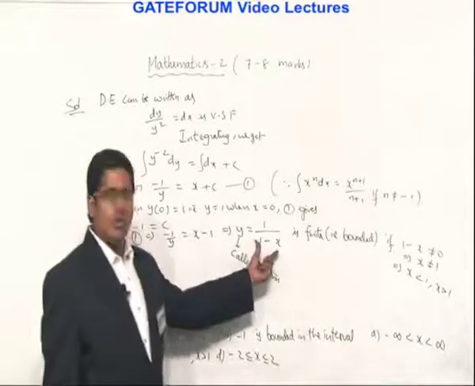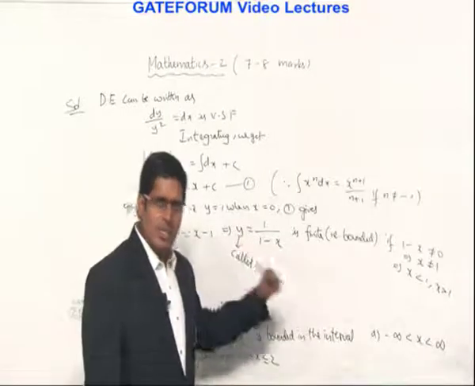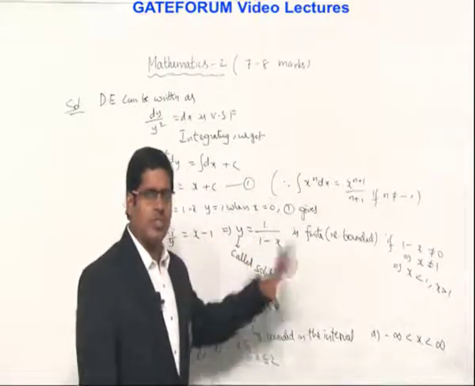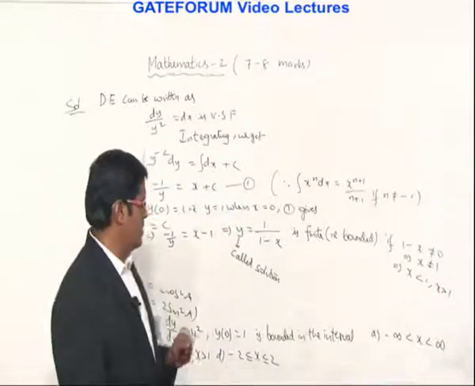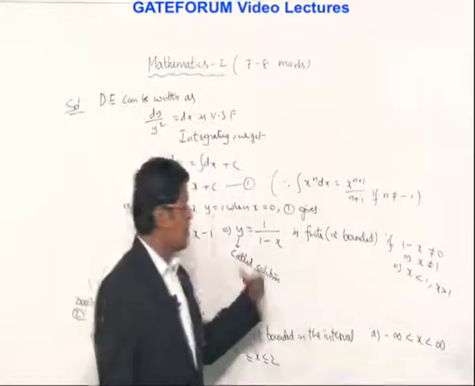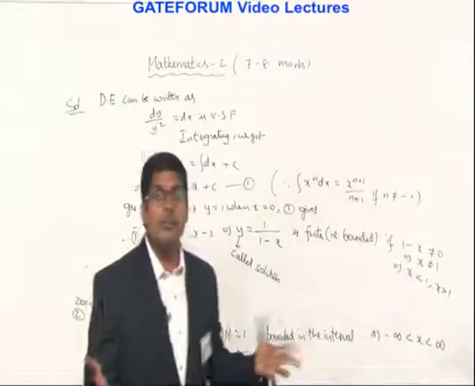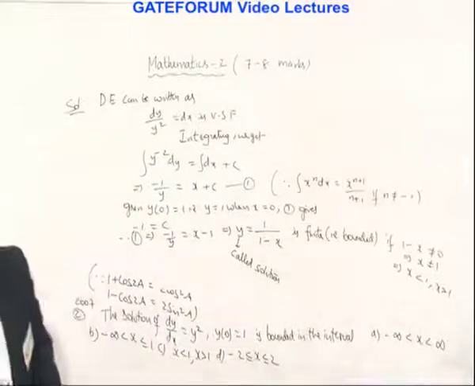Whenever the denominator becomes 0, that y value becomes infinite. Infinite means unbounded, finite means bounded. We discussed these words long back in calculus, in integrations, Max 1 chapter. So here x minus 1 not equal to 0, then you will get a finite solution. Not equal to 1 means either less than 1 or greater than 1. So the answer is option C.